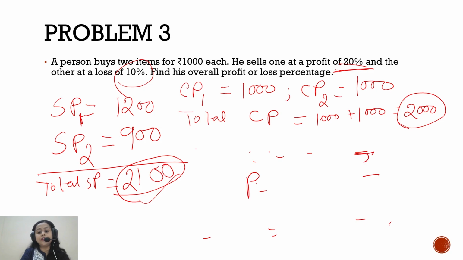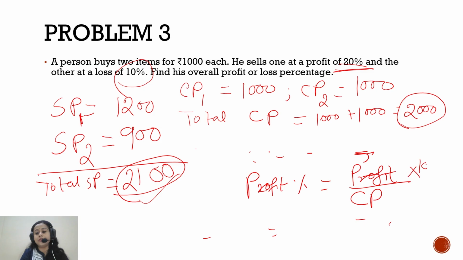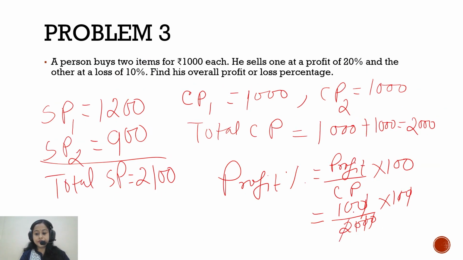So profit percentage will be profit amount by total cost price into 100, right? So profit amount, as we found out, 100 by total cost price 2000 into 100. So 0 will cancel out. So it will be 5%, right? So profit percentage will be 5%.